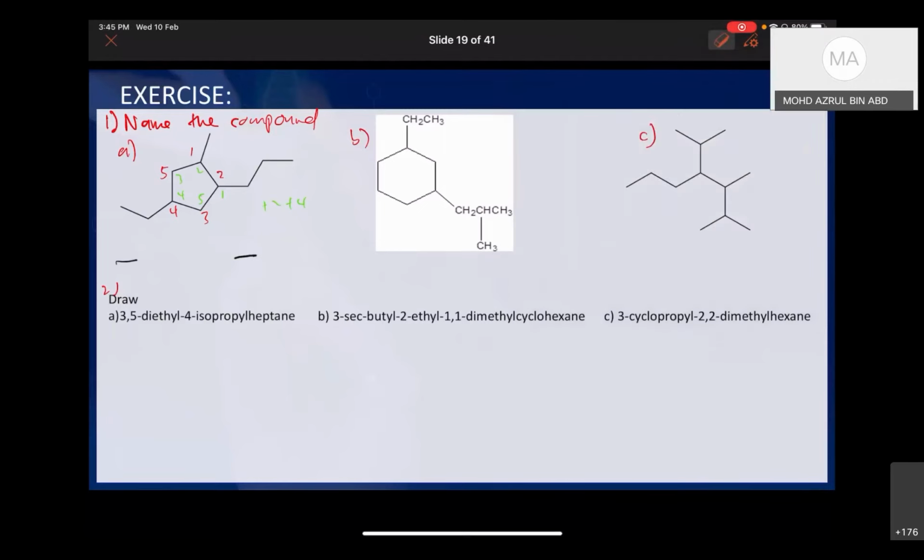So which means we need to follow the alphabetical rules. Between methyl and propyl, methyl first.